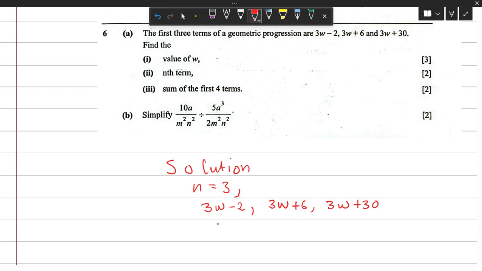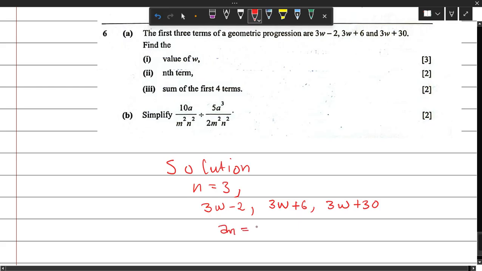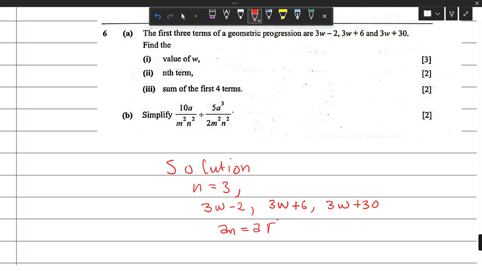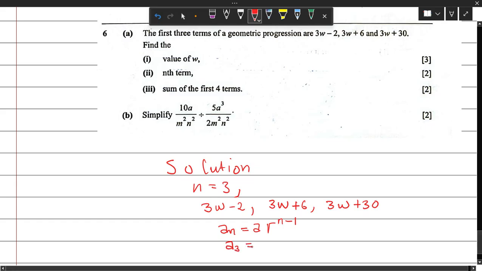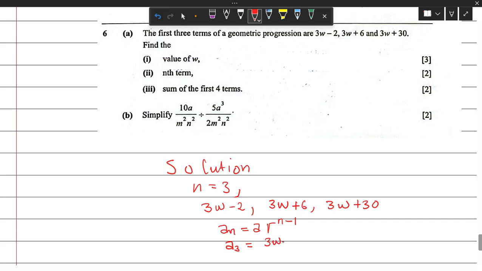Okay. So you apply a formula a n equal to first term r to the power n minus 1. Okay, so here we know we have 3 terms. So we say A3 equal to, what is the first term? 3w minus 2.